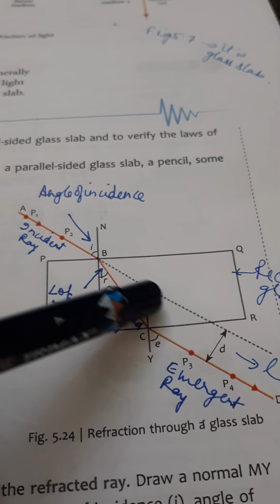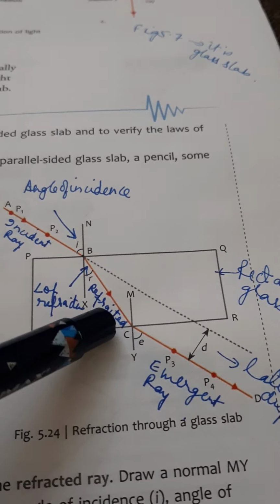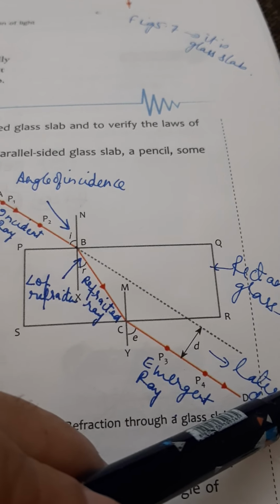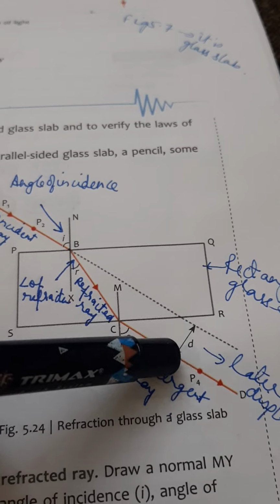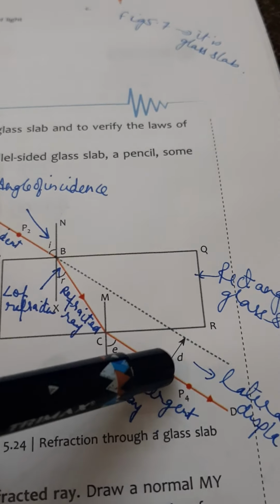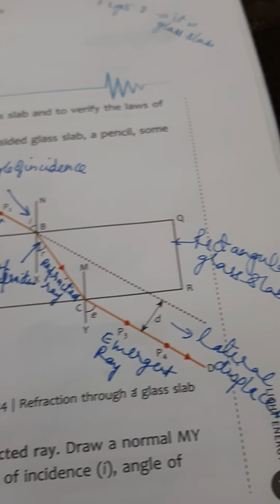And if I produce the incident ray backward, it will always be parallel to the emergent ray. Because bending has actually taken place, this distance D we call the lateral displacement. It shows how much the light ray has displaced from its original path.